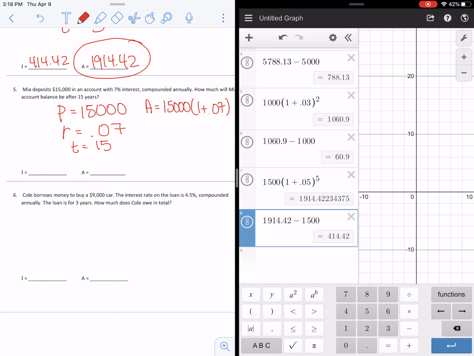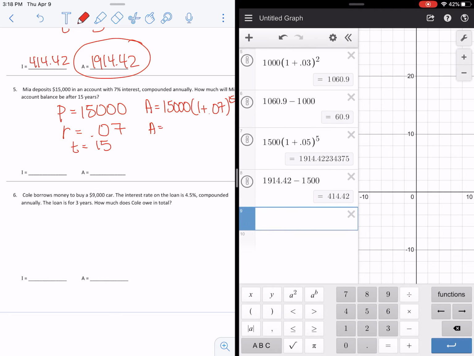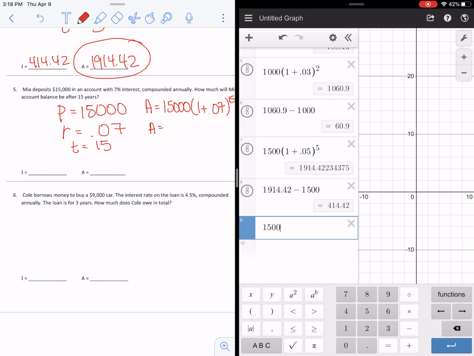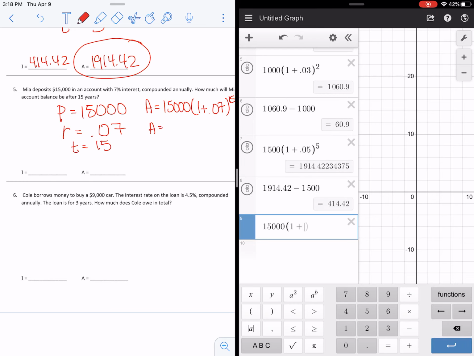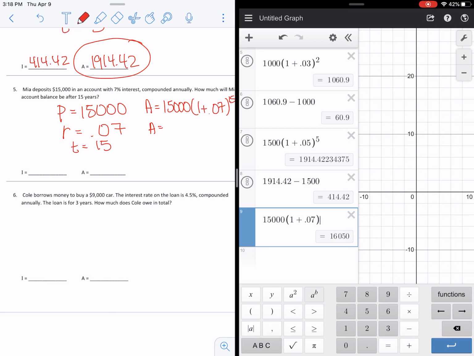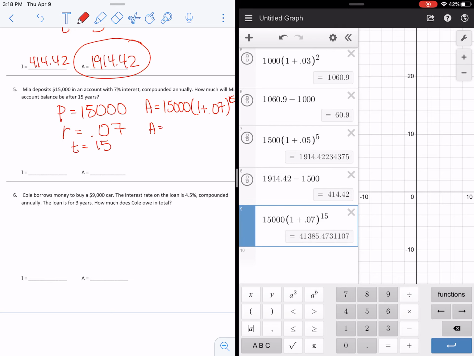And then it looks like it's going to be a big number, so I'm going to use my calculator again. 15,000 times (1 plus 0.07) to the 15th power. And that gives you $41,385.47.